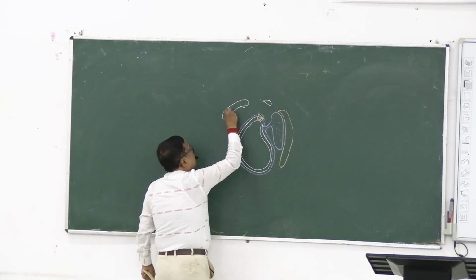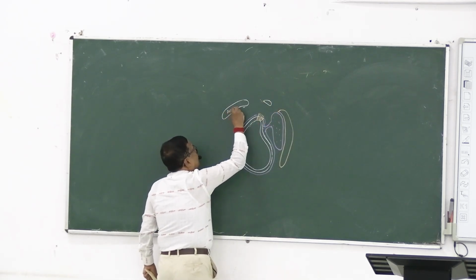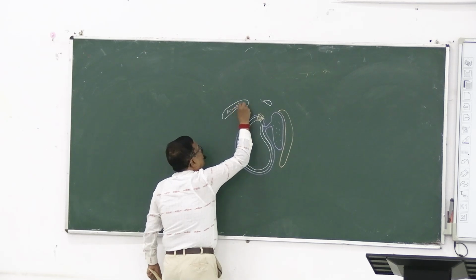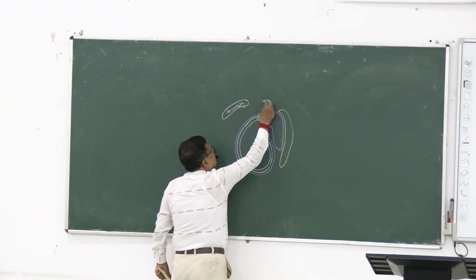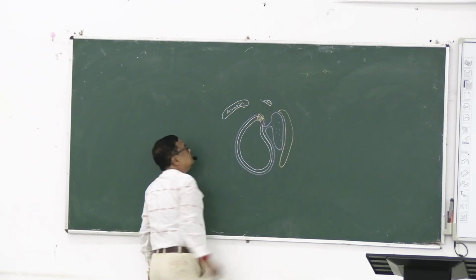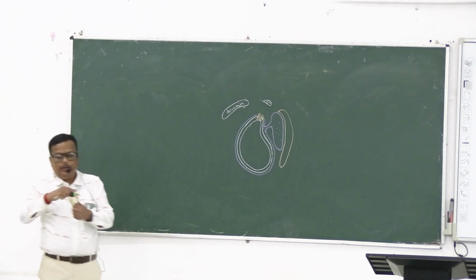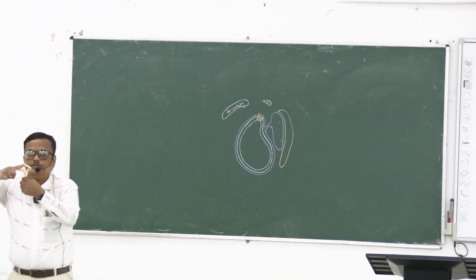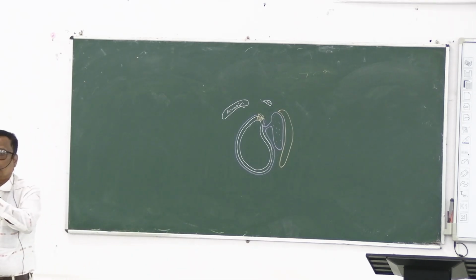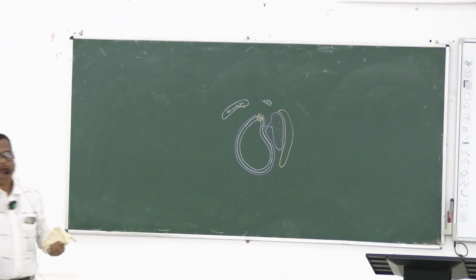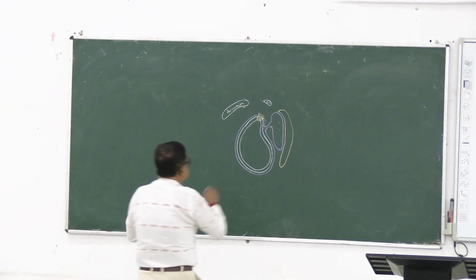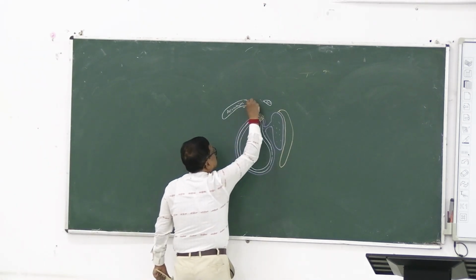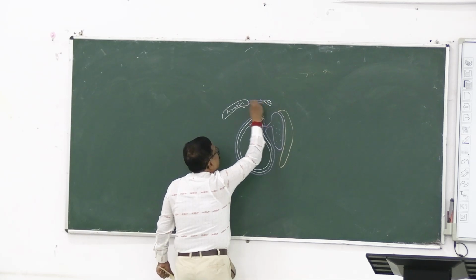So it is the acromion, it is the coracoid. What ligament connects this? What is the name of the ligament? Coracoacromial ligament. I draw this. Coracoacromial ligament.